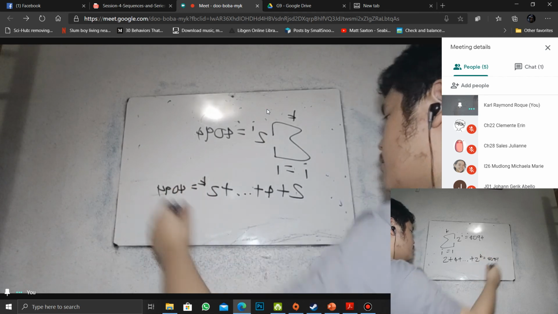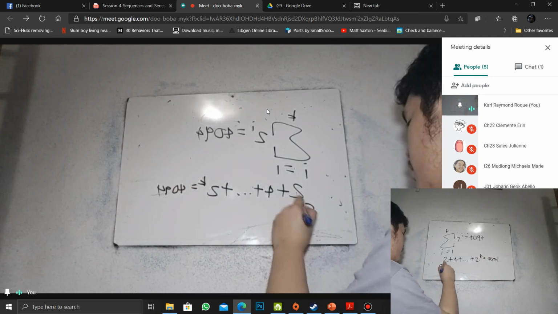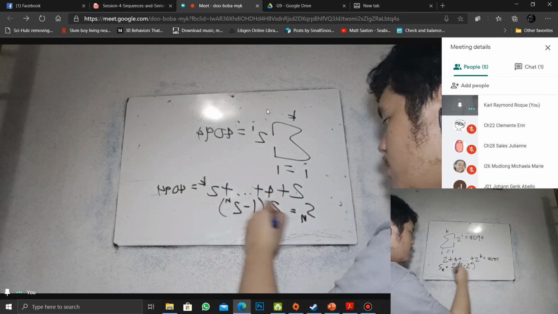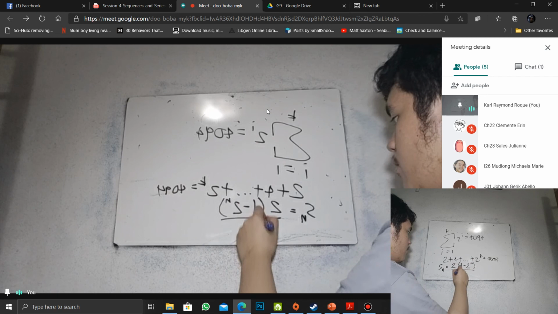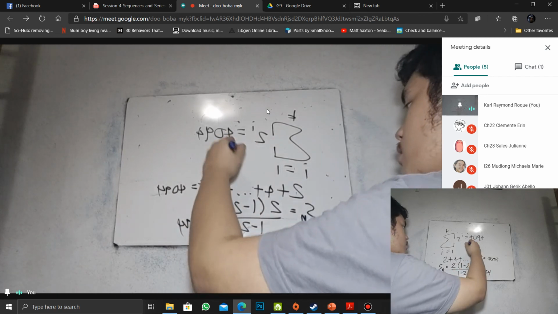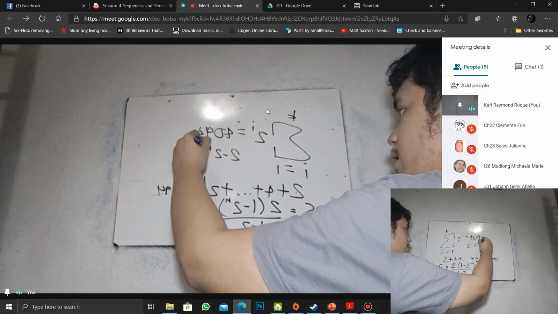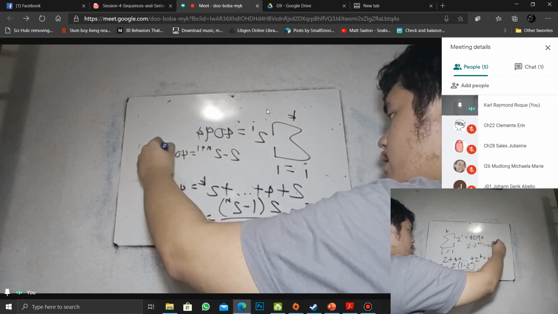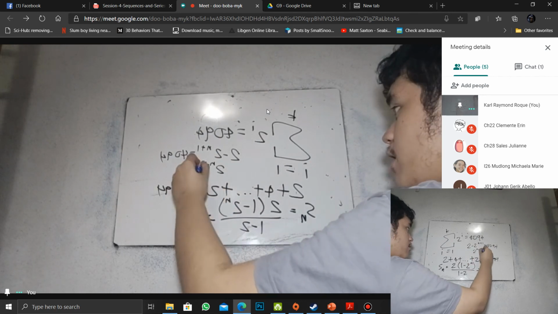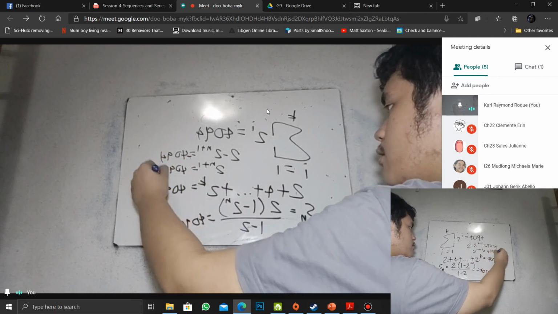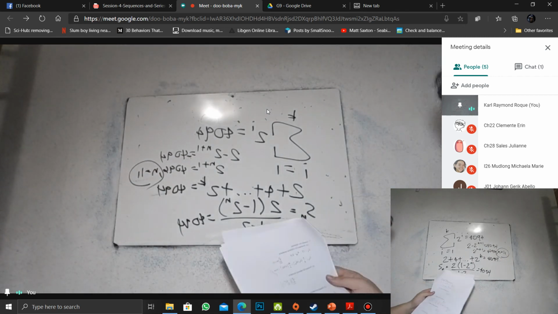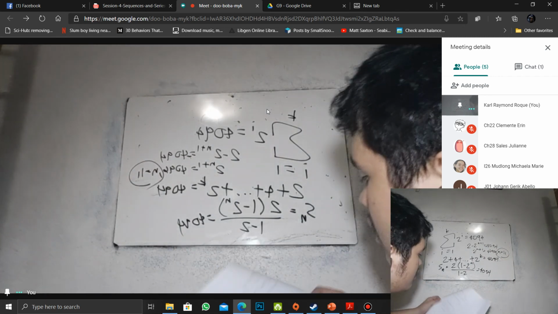Sum equals 2 times 1 minus 2 raised to n over 1 minus 2 equals 4,094. So, negative 2 plus 2 raised to n plus 1 equals 4,094. So, 2 raised to n plus 1 equals 4,096. n equals 11. So, dapat 11 yung k, no? 11 yung k.